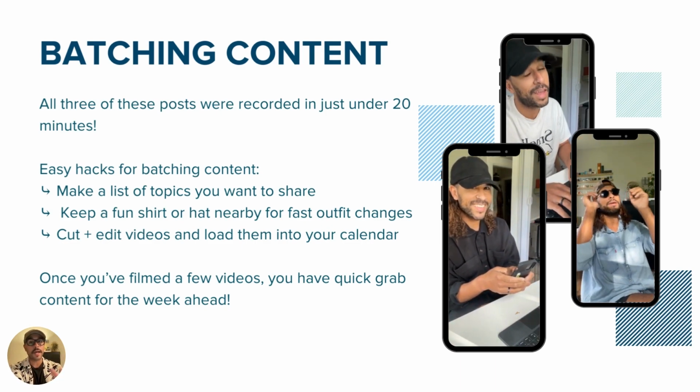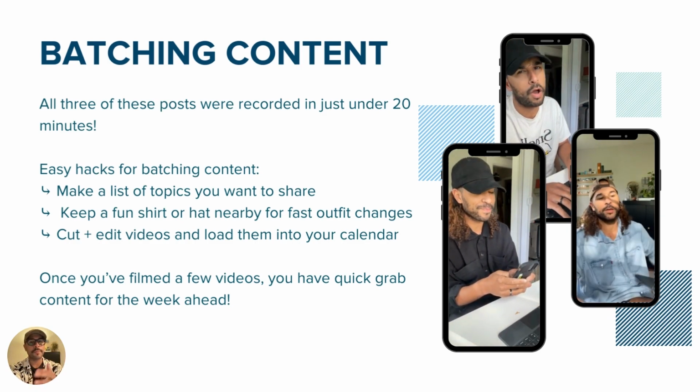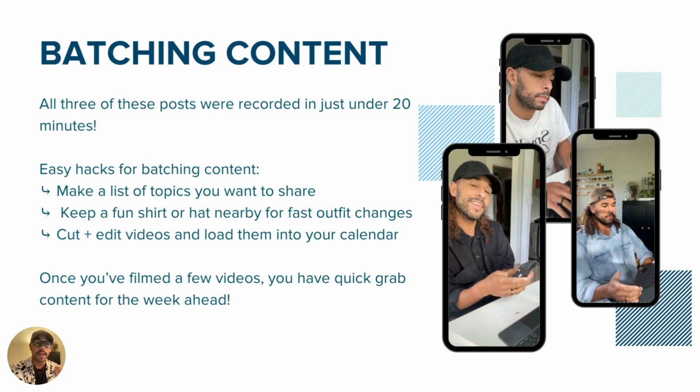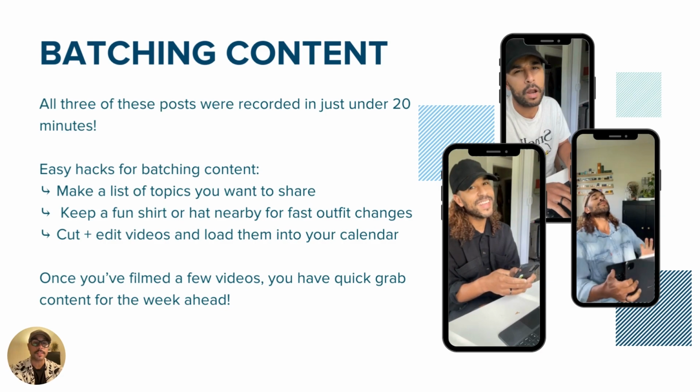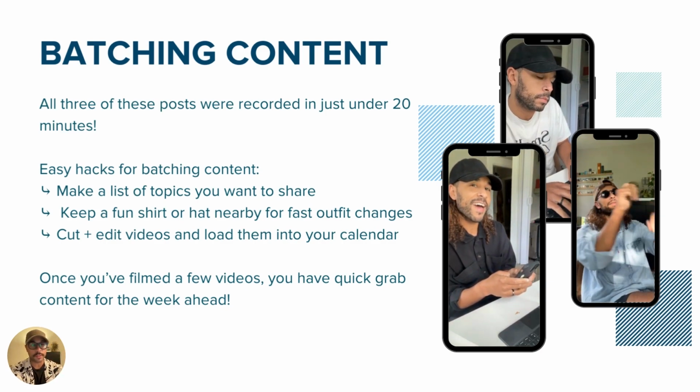In 20 minutes, I was able to take these short clips and record them. One of the hacks I recommend is to have a list of topics, a list of your content pillars ready to go, so you know what you're going to be turning these reels into.